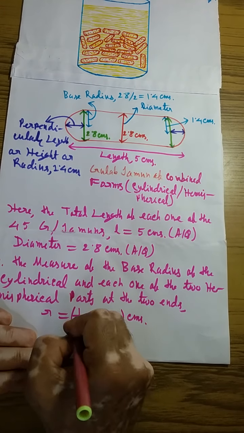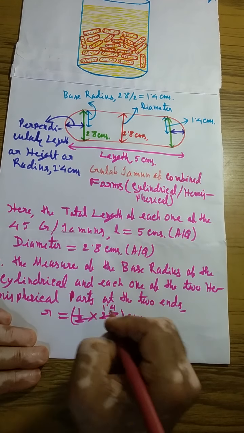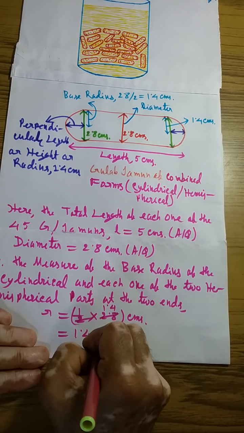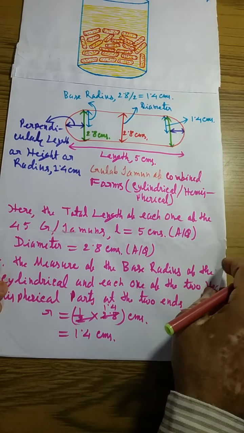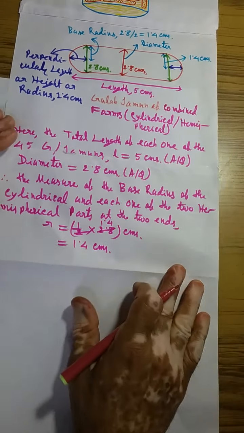If we do cancellation here, 2 1s are 2, 2 4s are 8, we get 1.4, which is equal to 1.4 centimeters. After this, let us proceed in this way.